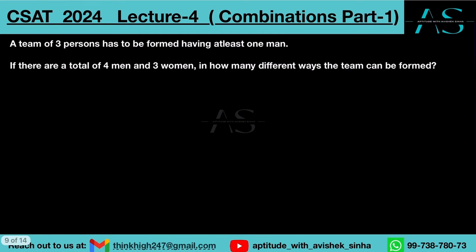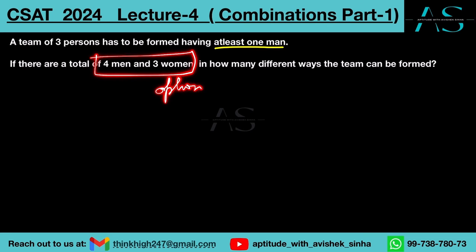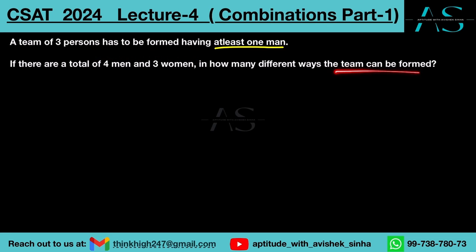Chalo, let's move forward. A team of 3 persons has to be formed having at least one man. There are a total of 4 men and 3 women from whom we can pick. So this is my option set. How many different ways can the team be formed?